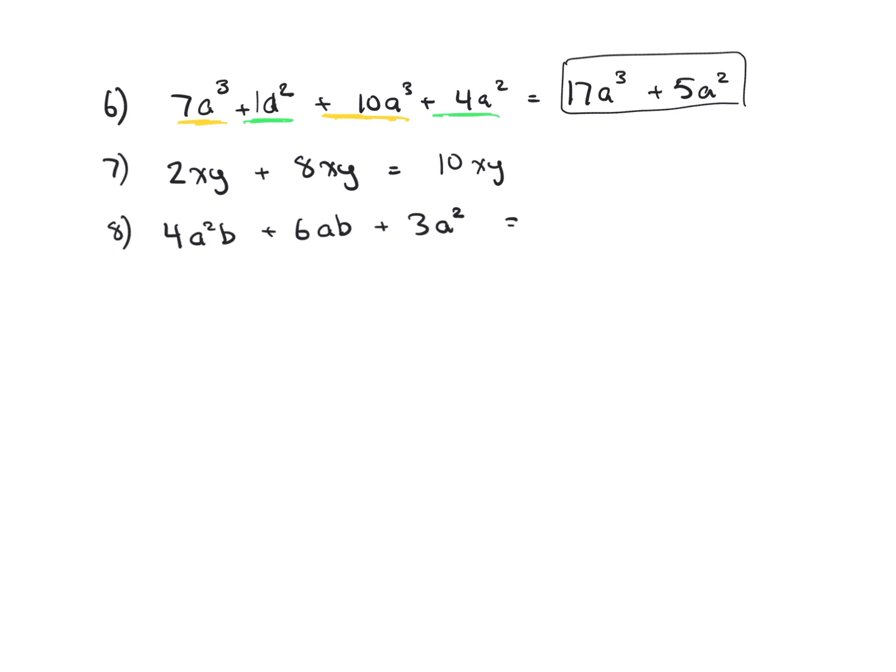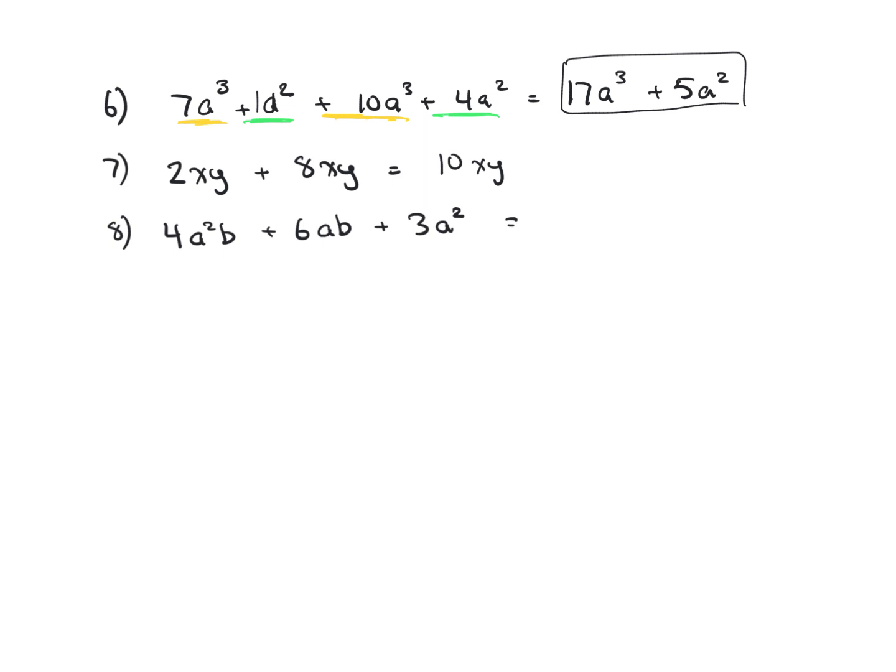So we ask, are they like terms? And the answer is actually no. None of these 3 are like terms to each other. We can try to compare the first 2. We will find that those are not like terms. Why not? Because the a's do not have matching exponents. So they are not like terms.